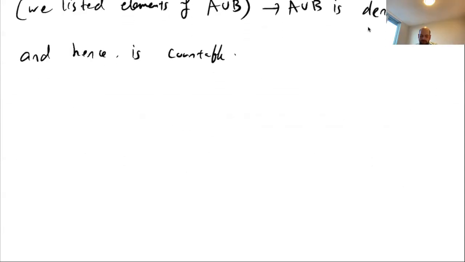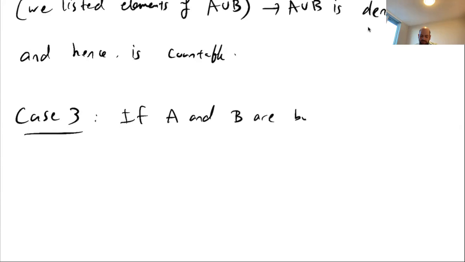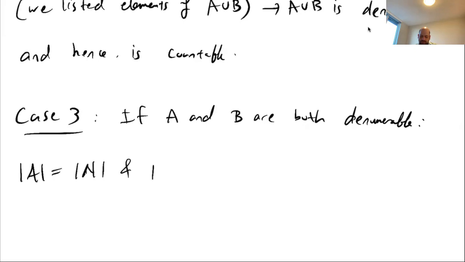Okay, so then final case, case 3. If A and B are both denumerable, cardinality A equals cardinality N, and cardinality B equals cardinality N, then what can I say?